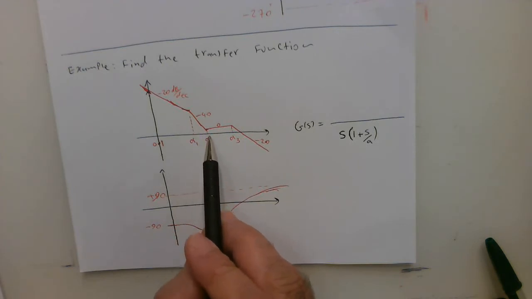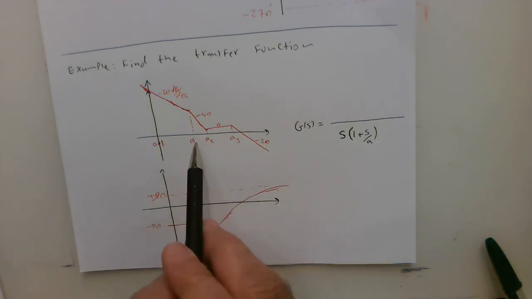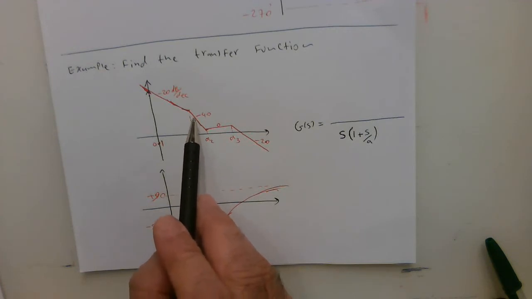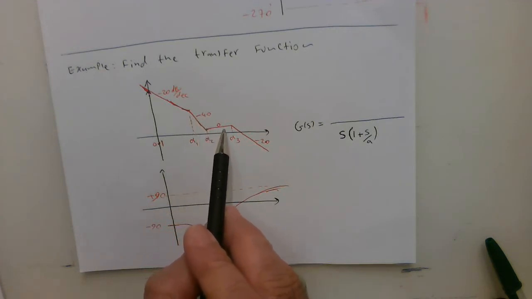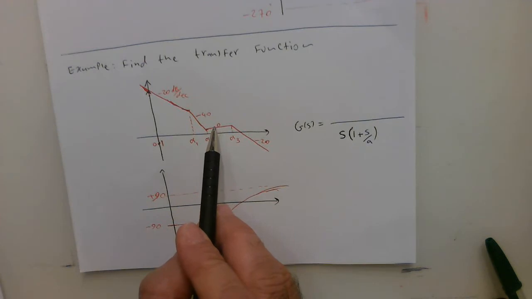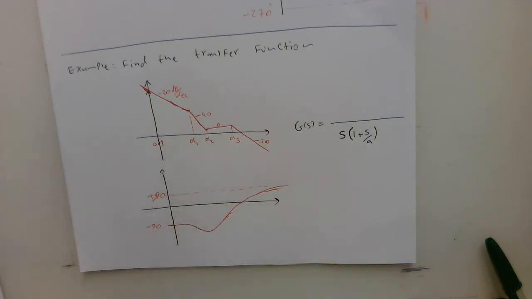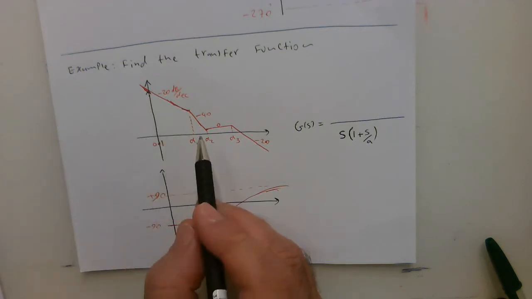And at a2, the slope of the magnitude changes from minus 40 to 0. So we have an increase of 40 dB per decade in the slope of the Bode diagram. Therefore, we should have two zeros at this point.